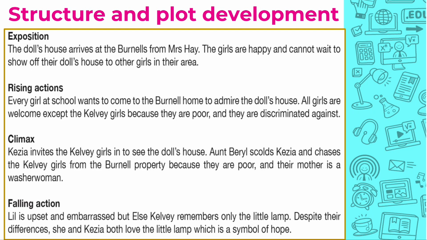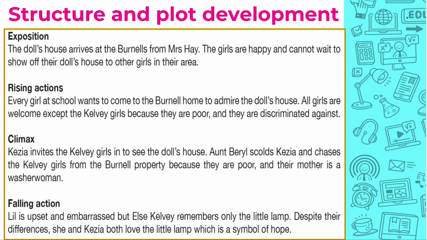And that's where the climax happens. Kezia invites the Calvi girls to come and see the doll's house. And what does Aunt Beryl do? She scolds Kezia and she chases them away because their mother's the washwoman. They are the poorest of the poor. And what is the falling action? Lil is very embarrassed because Aunt Beryl chased them away like stray cats.